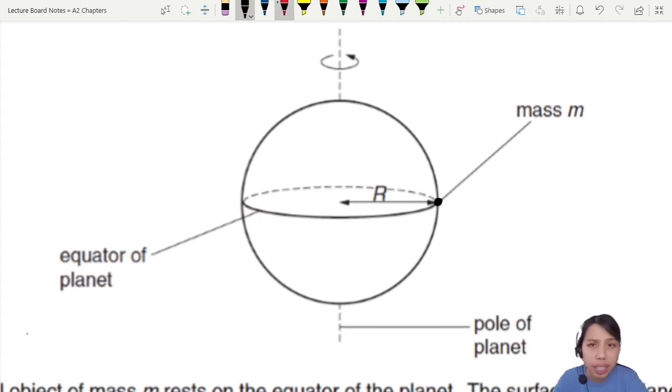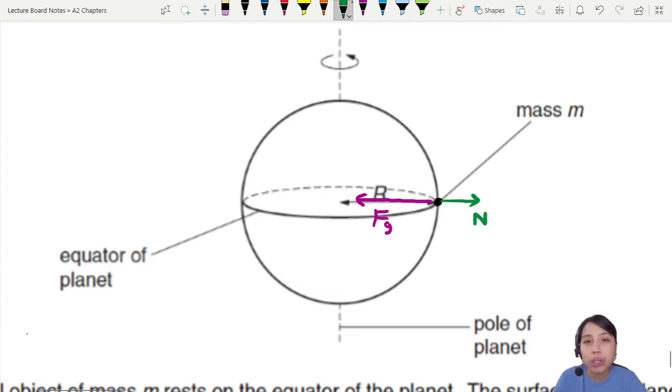What forces act on it? The first one is gravitational force towards the center, which we call Fg. And we have a normal force that will push this mass outwards. Let's just draw it like this. This is called N.